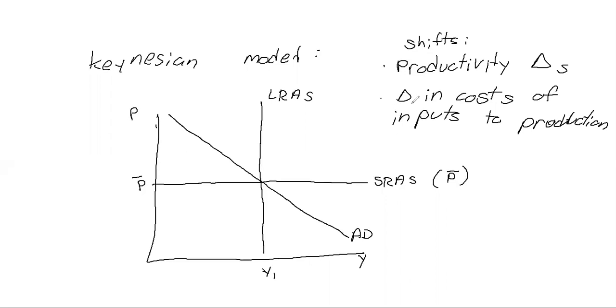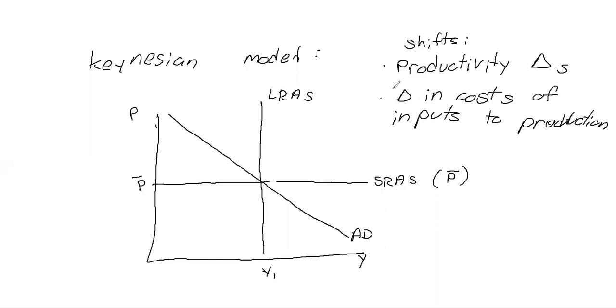So if all the prices of inputs increase, well, then our long-run aggregate supply will be less. If all the prices of the inputs decrease, then we can make more with the amount of goods we have. So it will increase.